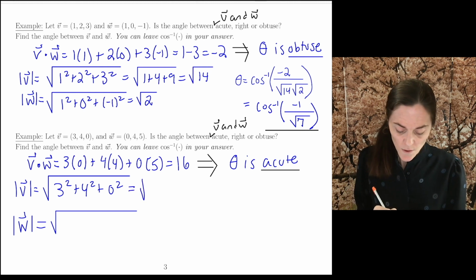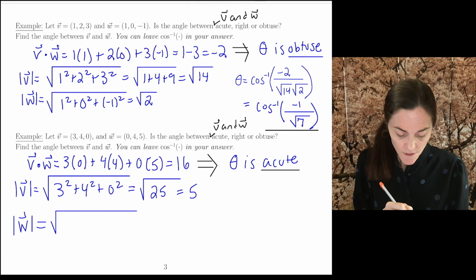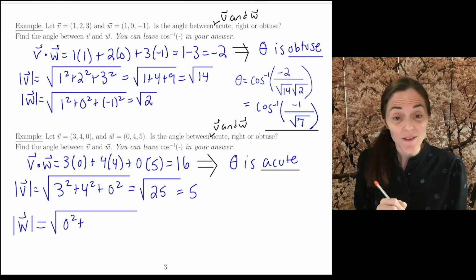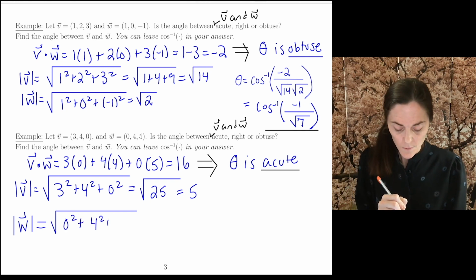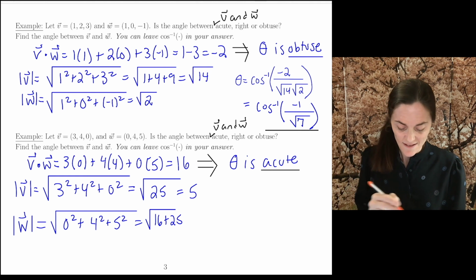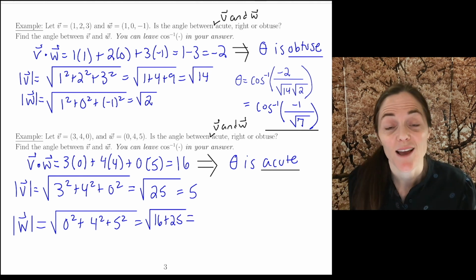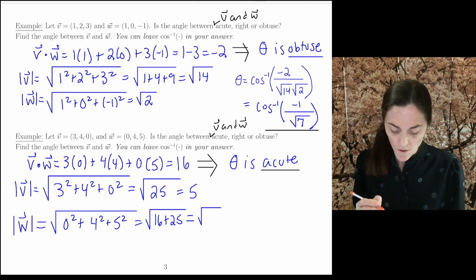We have 9 and 16, and this is just 5. Then the length of w, we have 0 squared plus 4 squared plus 5 squared. This is the square root of 16 plus 25, the square root of 41.